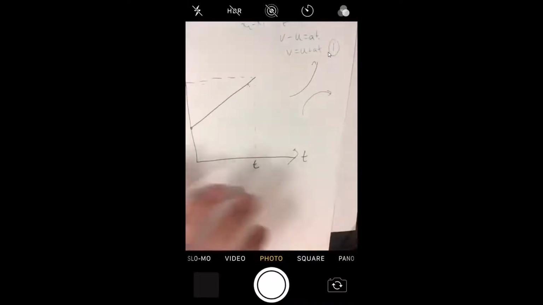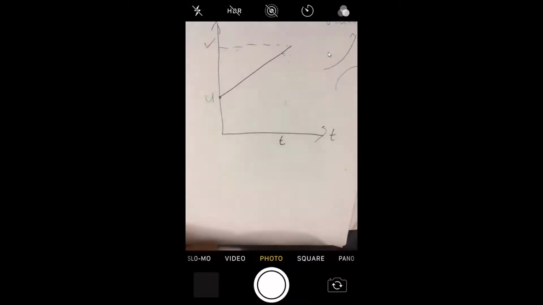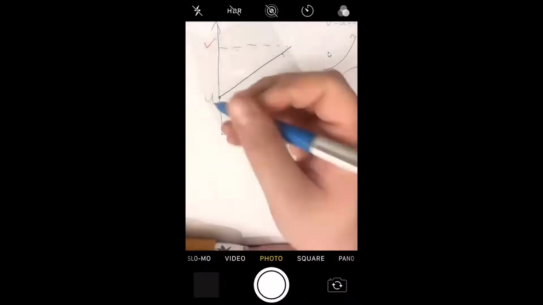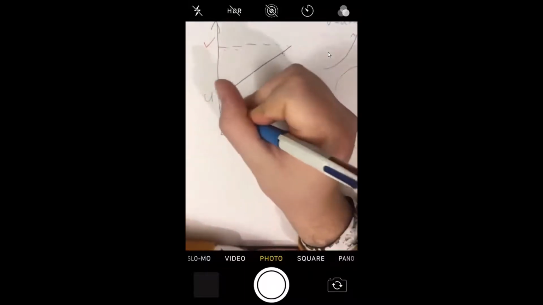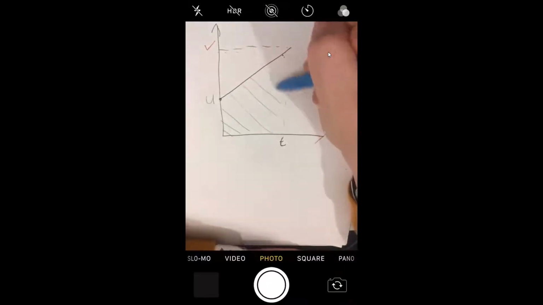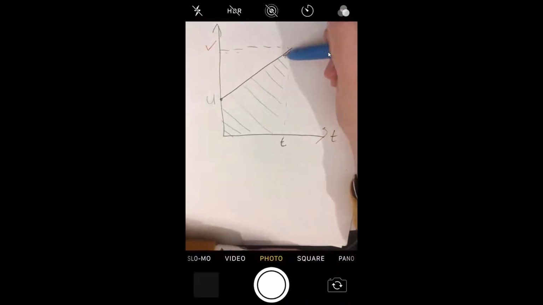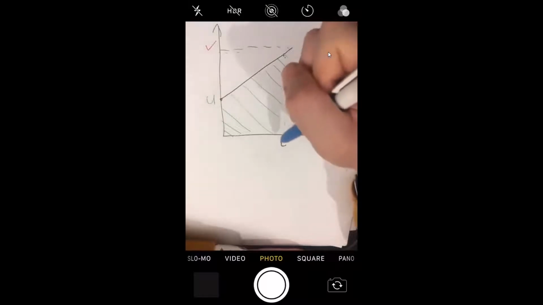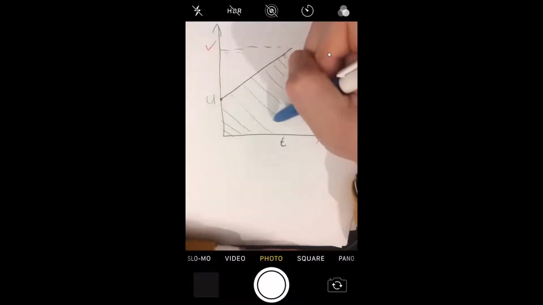Now, the next part is, well, what else can we find out? That's one way we can get, that's a graphical way of getting that first law. What else can we find out from this graph? Well, we could find out this. This area under the graph represents something.